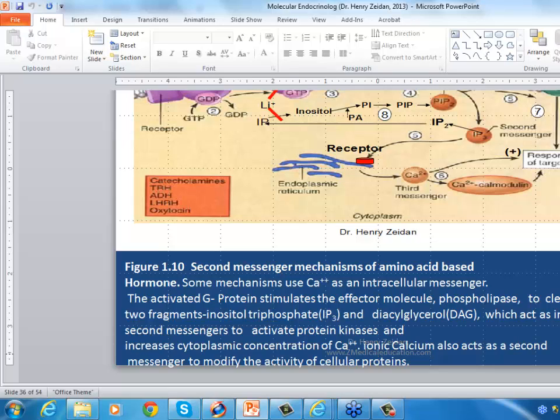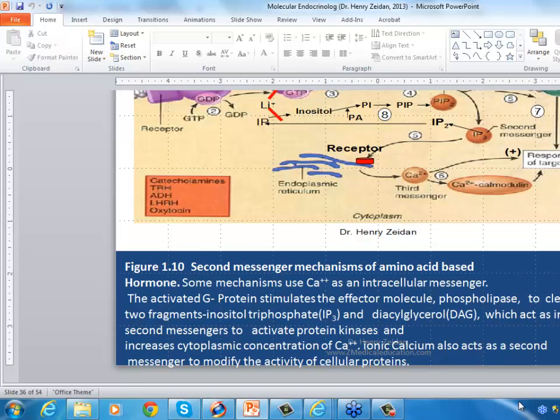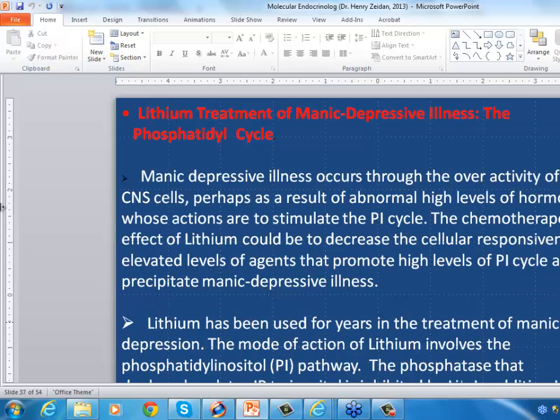Calcium is considered a second messenger, as I mentioned to you, and that deals with activation and modification of cellular proteins. That's a function of lithium treatment of manic depressive illness. So the manic depressive illness that goes with bipolar problems deals with overactivity of certain CNS cells, abnormally high levels of hormones.